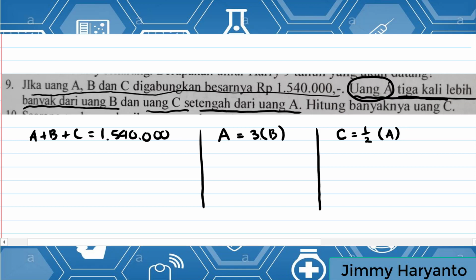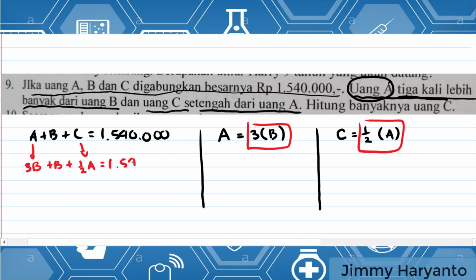So I have A equals 3B. Because A equals 3B, I can change this A into 3B, right? Yeah, and then plus B plus C. I have C equals half A, so I can change this C into half A equals 1.540.000.